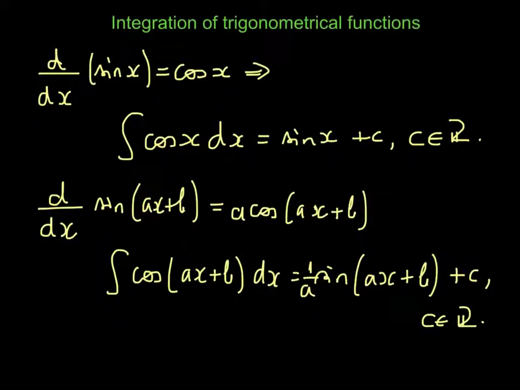The formula itself looks quite simple. However, when we integrate functions of this type, we can also use substitution so that we make things clear. So practically, instead of guessing or remembering this 1 over a coming in front, if we use substitution, we can think in the following terms.